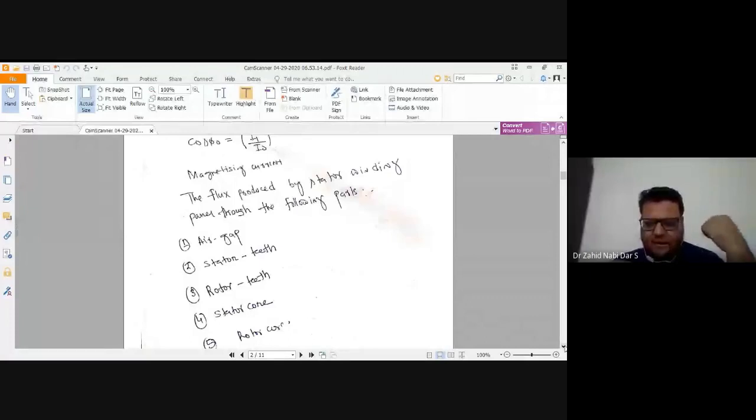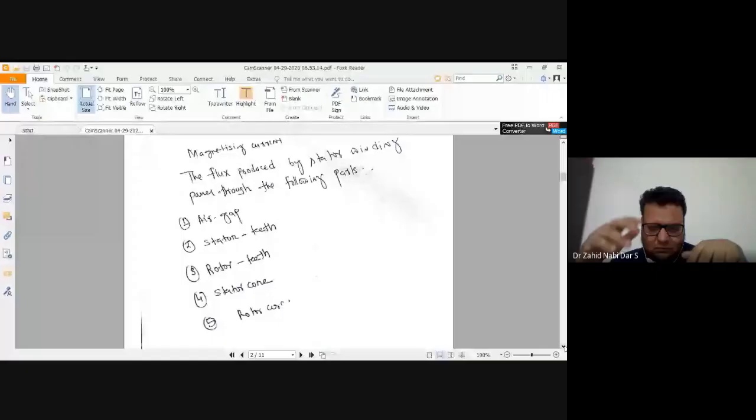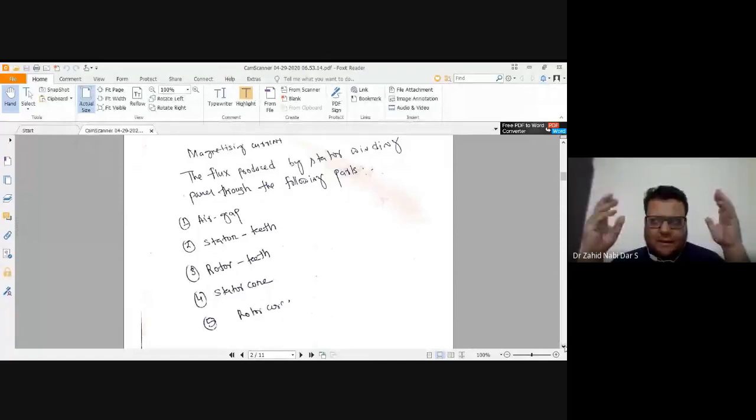Whereas the loss component will again happen in the core, stator core, rotor core, because we have seen that loss happens in the core, and more loss will happen in the windings, stator windings, rotor windings, because of the presence of some resistive component also. Although we say induction motor, it is not theoretically possible to have a purely inductive material.